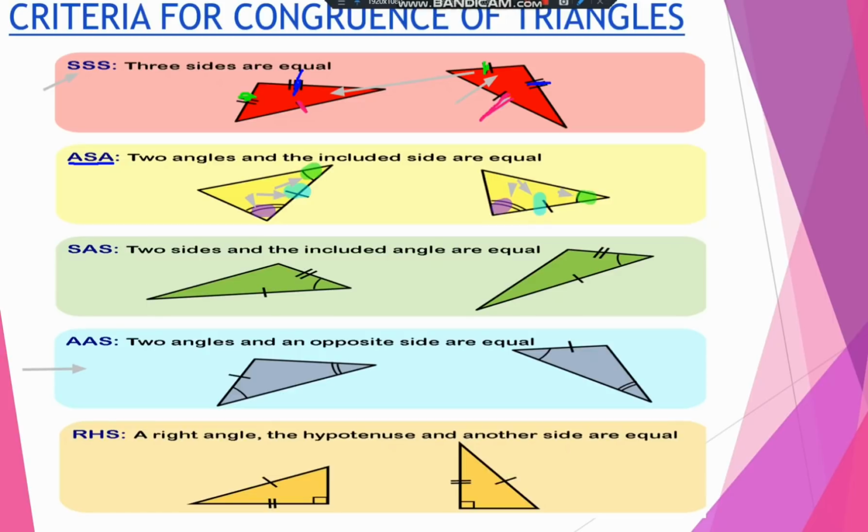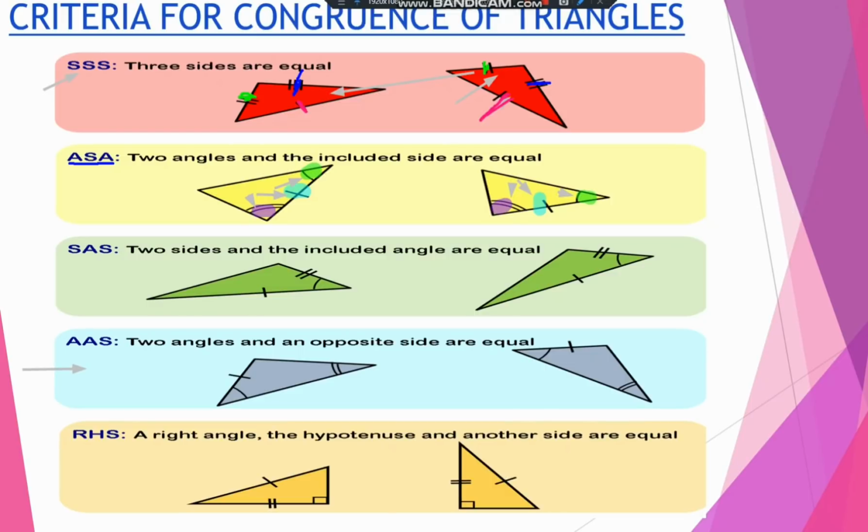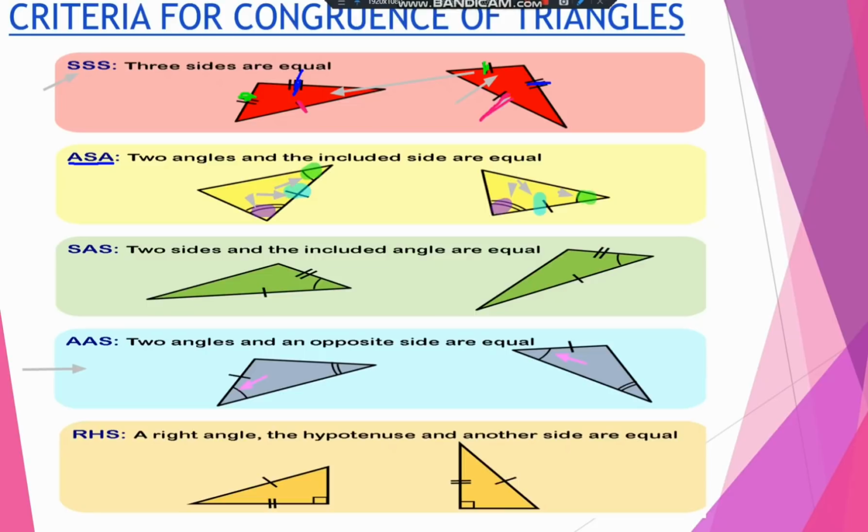it is AAS. So the first triangle has this angle equal to this angle, and then the second one, this angle equal to this angle.